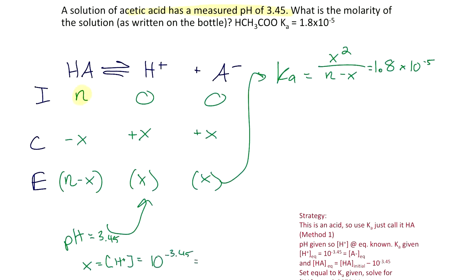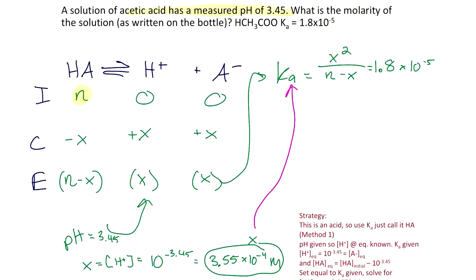And so you plug that into your calculator, and you get that X is equal to 3.55 times 10 to the negative 4 molarity. That is what X is. So we just plug that into our Ka expression now, and then we can solve for N.